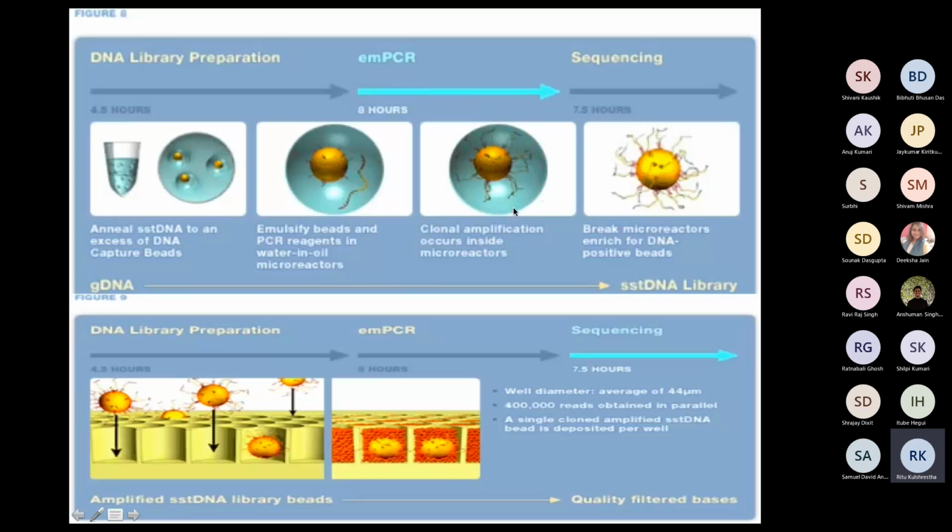Once I'm done with the PCR reaction, I break open these emulsions. And now for each individual bead, I want to perform pyrosequencing. Pyrosequencing method I've already told you, I'll not repeat it. It is that you add individual nucleotides and so on, right?